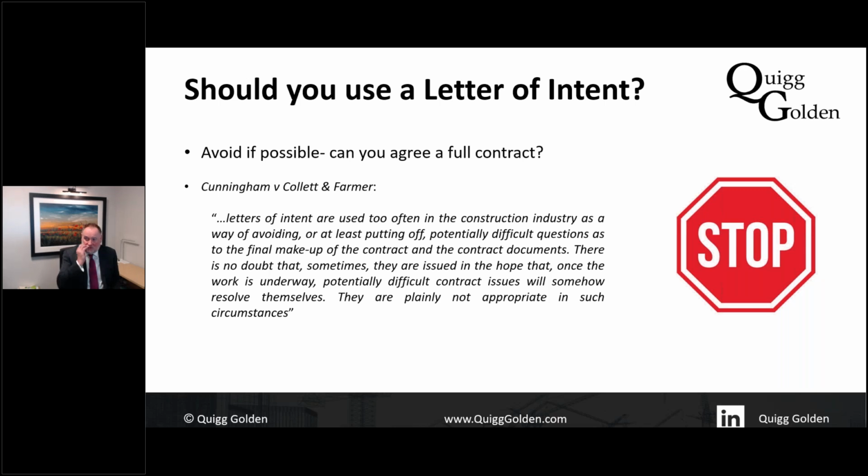And you shouldn't be embarking on a project where the two parties are at loggerheads and will not agree a term of the contract. So in that situation, entering then into a letter of intent, knowing that there's this irreconcilable tension between the parties' negotiation positions as to the terms of the contract is not the sensible thing to do. And we do see that happening quite a lot.